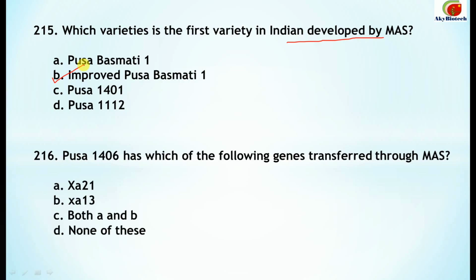Pusa 1460 has which of the following genes transferred through MAS? The correct option is XA21 and XA13. These are the bacterial blight resistance genes, both A and B. This is the correct one.